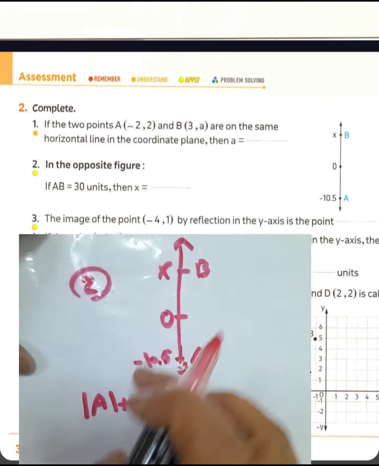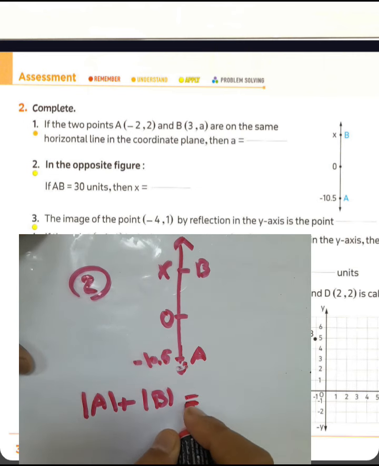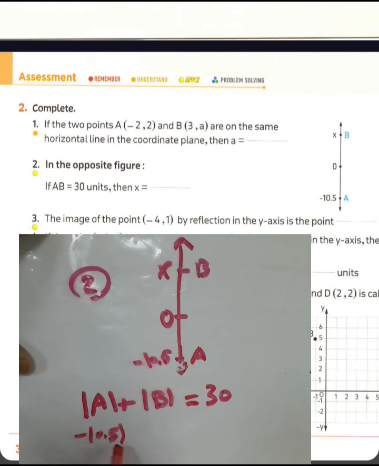Because we have positive and negative, we must write the absolute value of the first plus the absolute value of the second. The sum of them is 30. Then we can put negative 10.5 here, plus the absolute value of B equals 30.